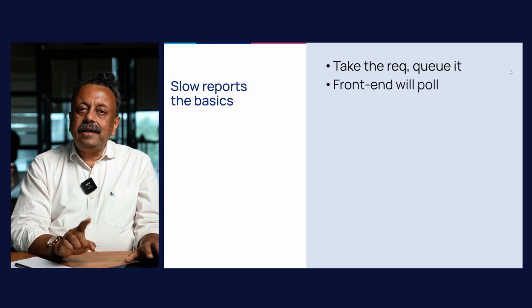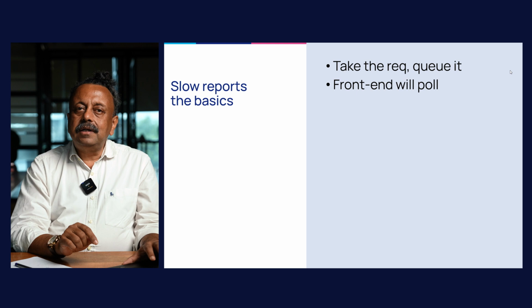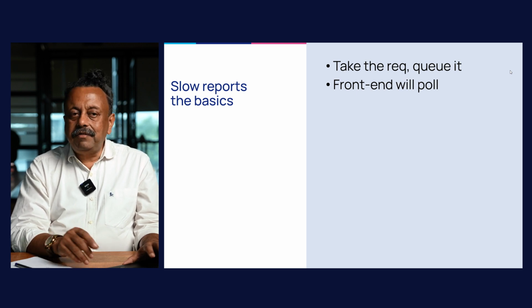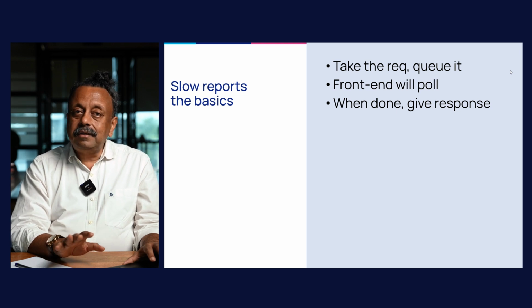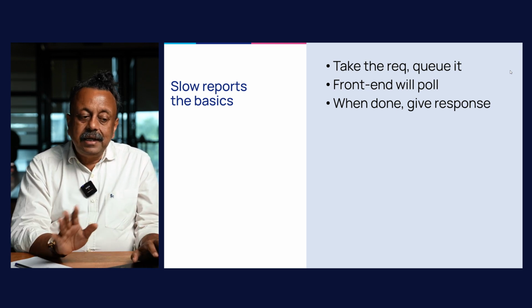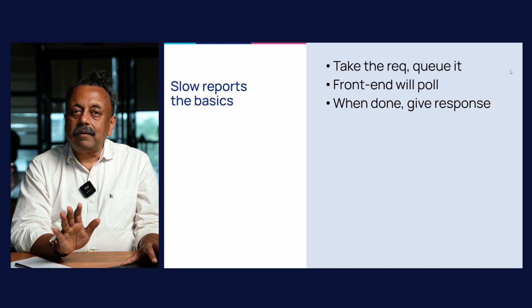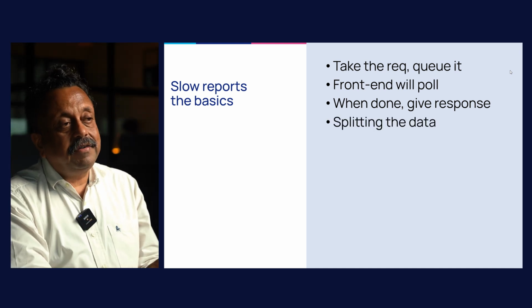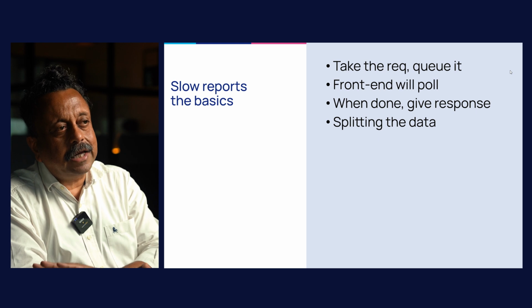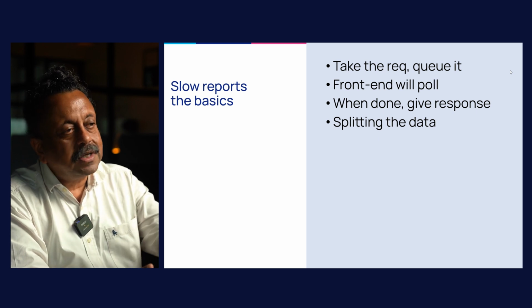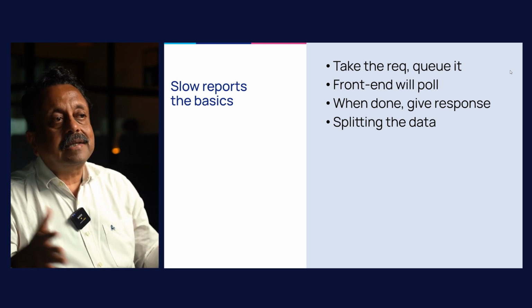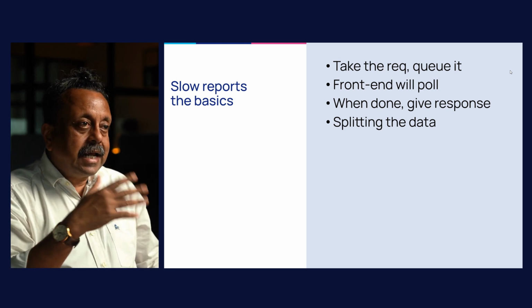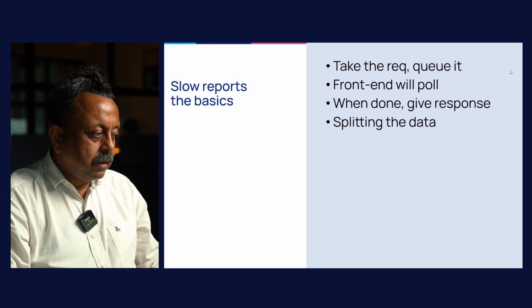The front end then keeps polling the server, has my report been done? Has my report been done? Maybe every 30 seconds. When the server has finished doing the processing, it gives a response back to the front end. If necessary, if the data is of a very large size and cannot be loaded into one web service response, then the server-side code will split the data into pieces, and then the front end can pick up one piece at a time. Okay.